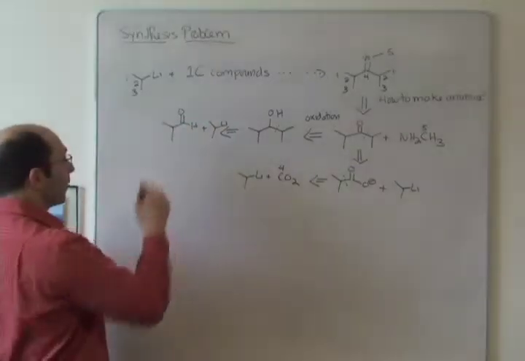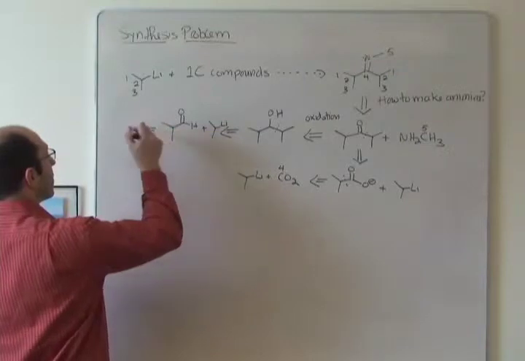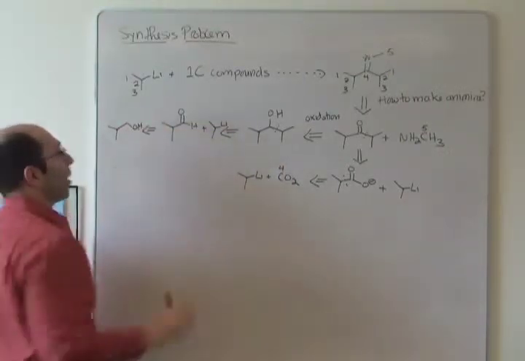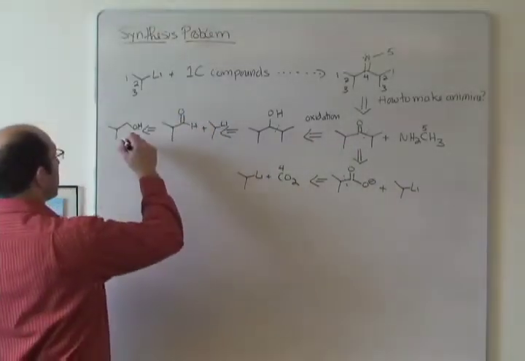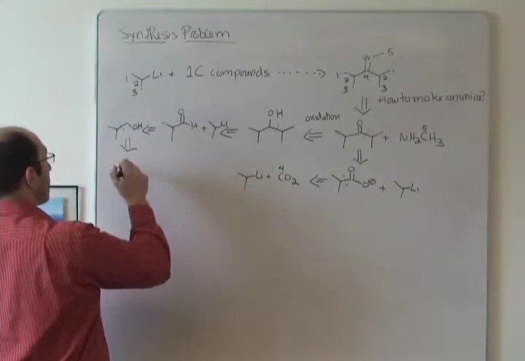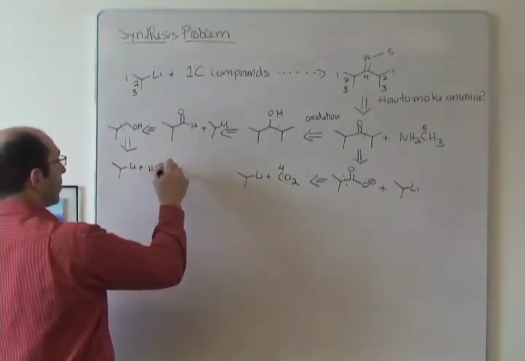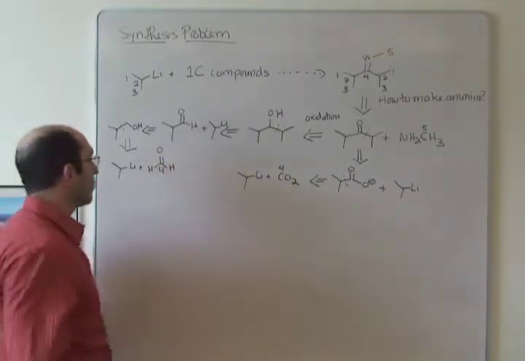And then how do we make an aldehyde? Well, we make an aldehyde from a primary alcohol. How do we make a primary alcohol? That's where we can do another carbon-carbon bond disconnection, alkyllithium plus formaldehyde, and again, there's carbon 4.